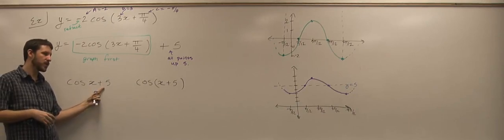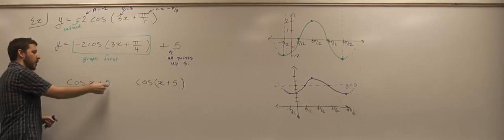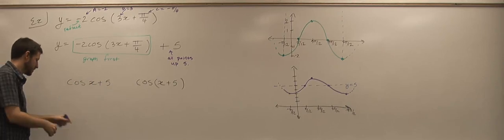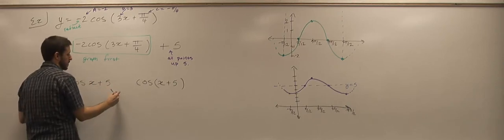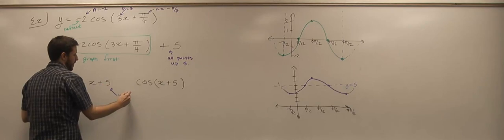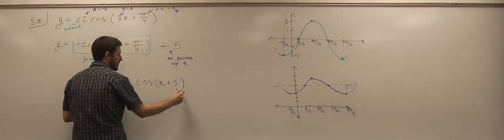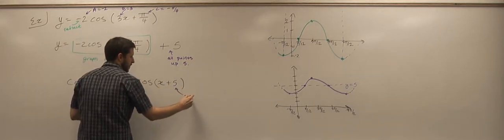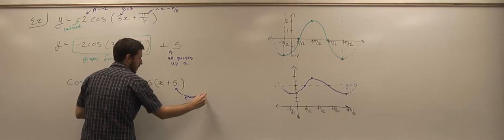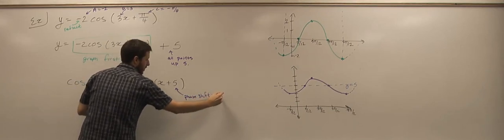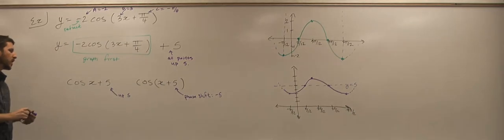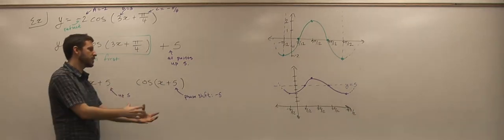One of them has a vertical shift, which means you're going to graph cosine and then go up 5. And so this guy affects y values, plus 5. This guy affects x values. You have a phase shift, negative 5. So watch those parentheses and where the numbers are, whether you're adding or subtracting in parentheses or out of parentheses.